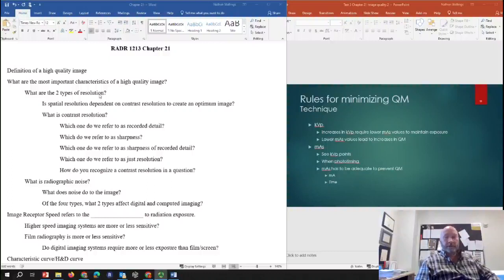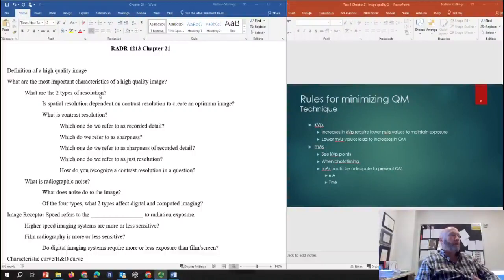Contrast resolution is just that, it's difference. Contrast is always difference. In the anatomy, it's the difference between soft tissue, air, different types of soft tissue, fat versus muscle versus internal organs, or soft tissue versus bone.